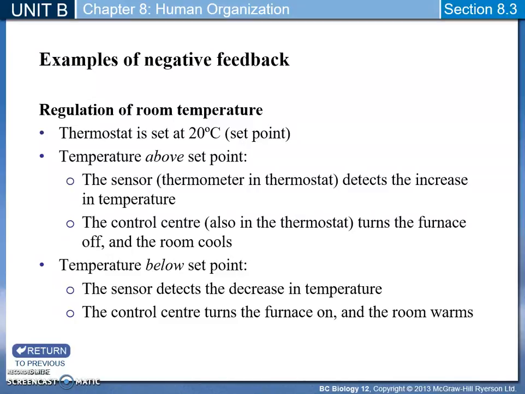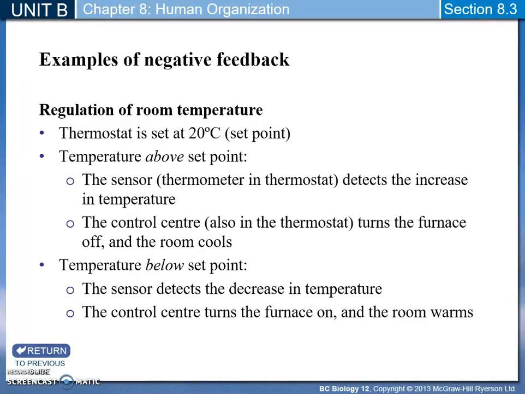For a temperature above that set point, the sensor, the thermometer in the thermostat, detects the increase in temperature, and so the control center, also in the thermostat in this case, turns the furnace off, and then the room cools. For a temperature below the set point, the sensor detects the decrease in temperature, and so the control center then turns the furnace on, and the room warms.